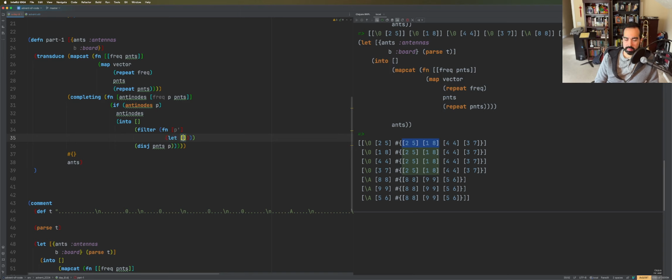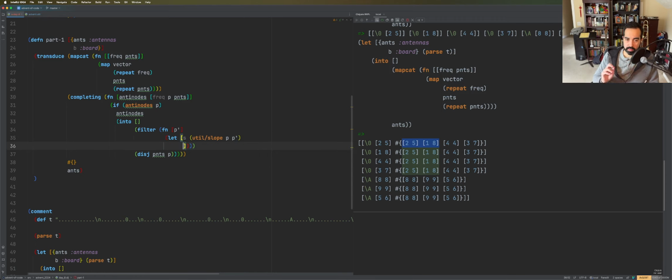Let slope is slope P and P prime. Because we need the slope and the minus slope. I don't think we need a filter here. We want like a map cat. We have a slope and a minus slope.